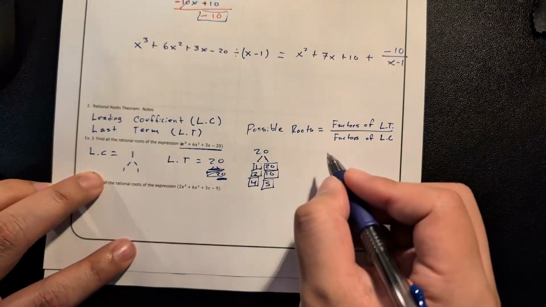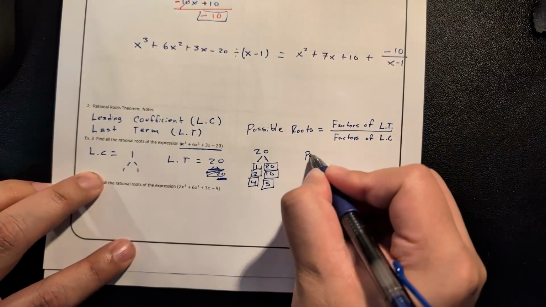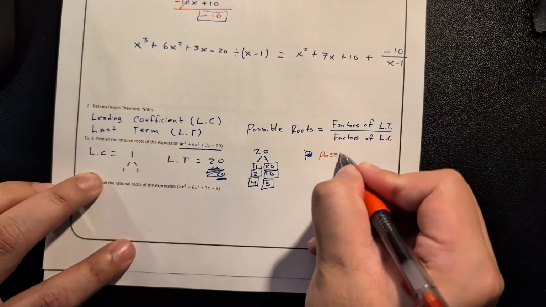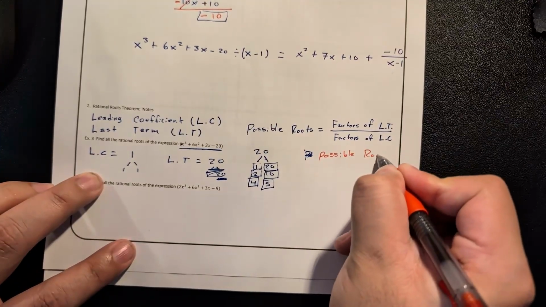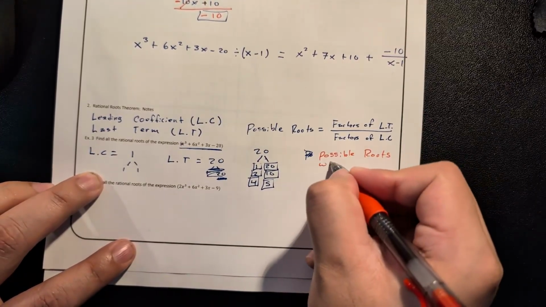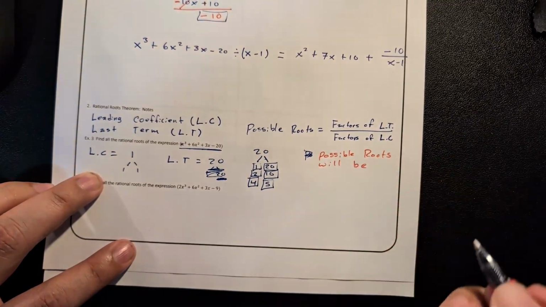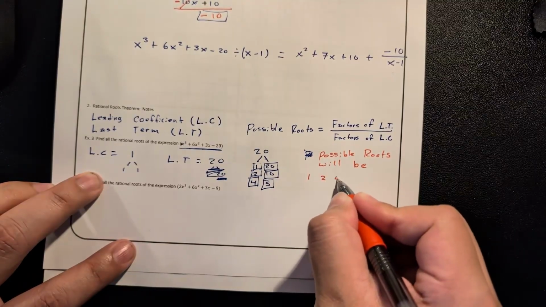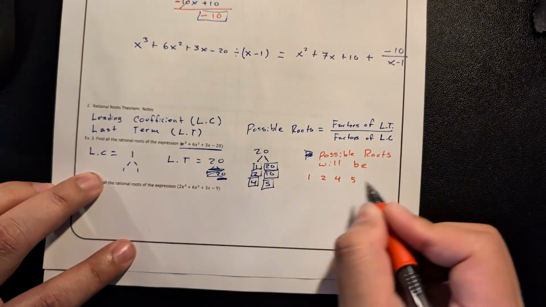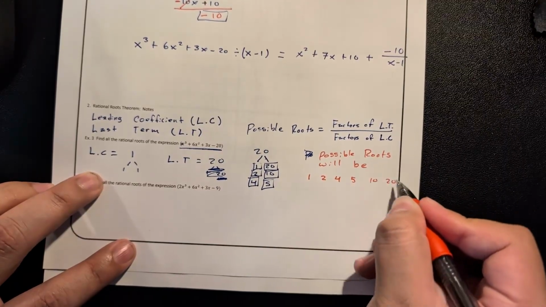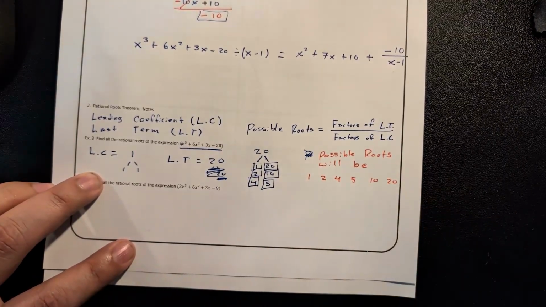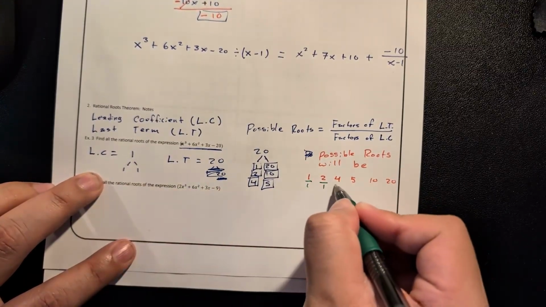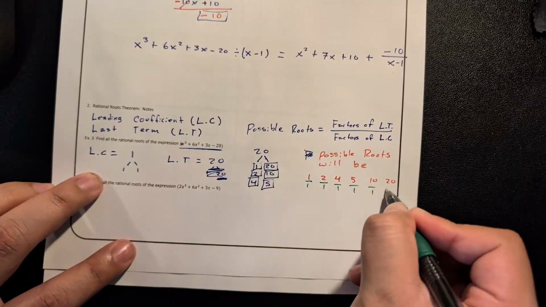So then the possible roots will be 1, 2, 4, 5, 10, 20, divided by 1, divided by 1, divided by 1, divided by 1, divided by 1, divided by 1.